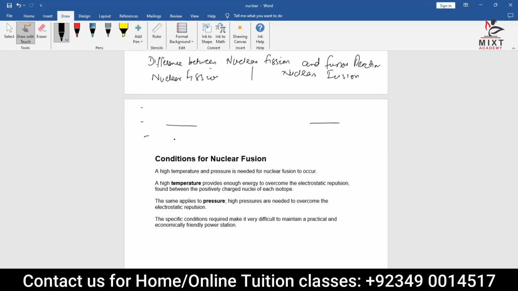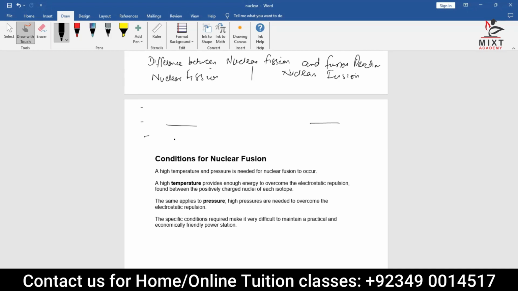So can you say the first difference again? The first difference is, in nuclear fission reaction, a big nucleus is broken down into its daughter nuclei. One big or heavy nucleus is broken down into two daughter nuclei.